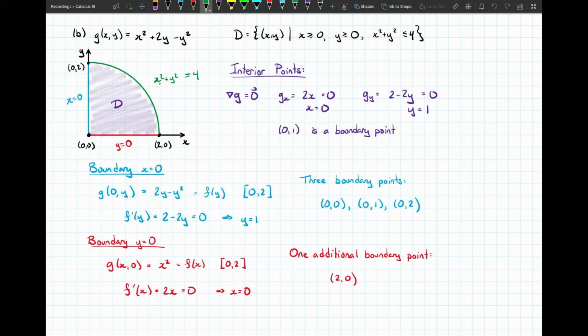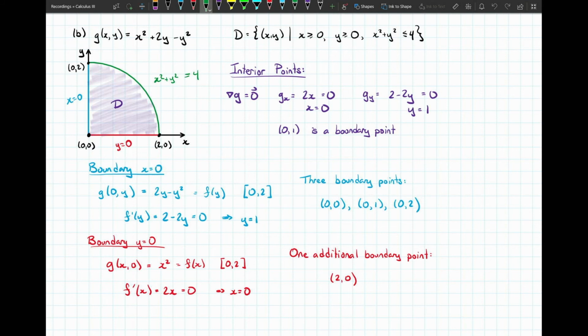So why don't we take this equation, x squared plus y squared, and think about the best way of substituting that into our function. You might be able to guess that it's actually easiest to let x squared equal 4 minus y squared, and we'll plug that in, leaving us with a function only of y.